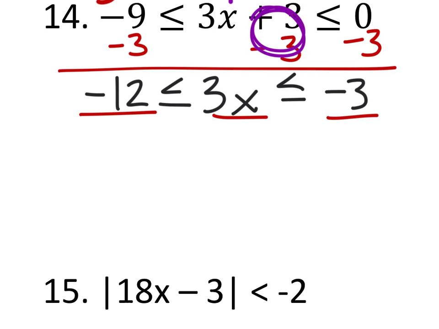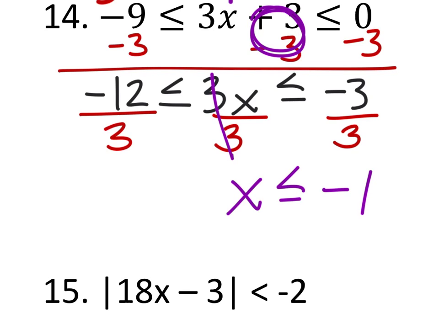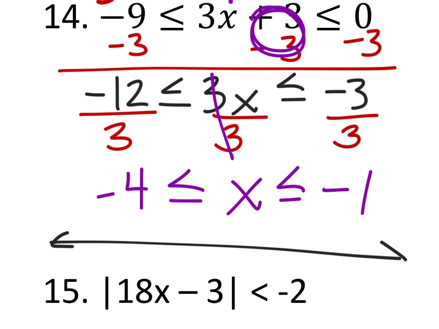From here, we'll divide all of these terms by 3. So that goes away. We have x is less than or equal to negative 1, but greater than or equal to negative 4. So what does this look like? Let's go and look on a number line. We have negative 1, negative 2, negative 3, and negative 4.